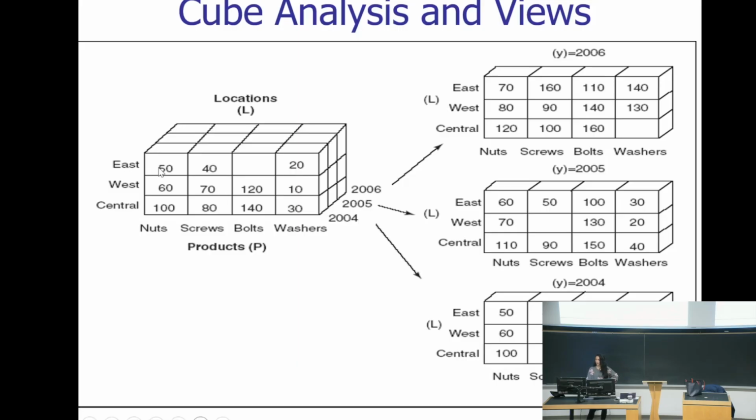So each value in each cell represents sales for that specific product, location, and time. Each of the images on the right shows it for a specific year, so, for example, sales value for only year 2006 across different locations and different products.